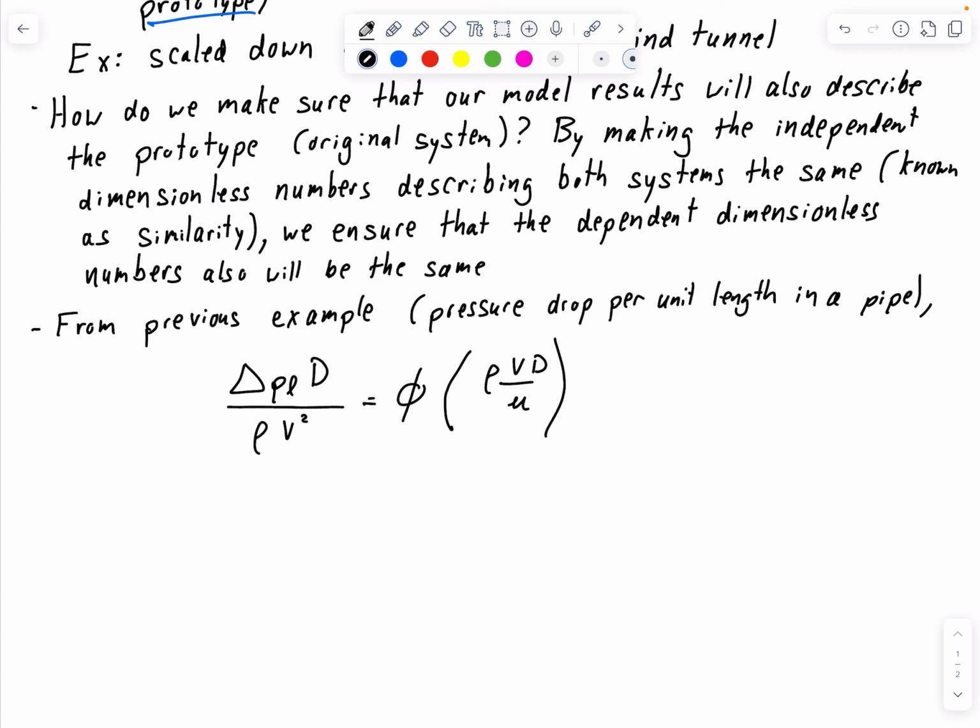And so this is our relationship between two dimensionless numbers. The one on the left-hand side is our dependent one, and the one on the right-hand side is our independent. And so we developed this relationship between the two.